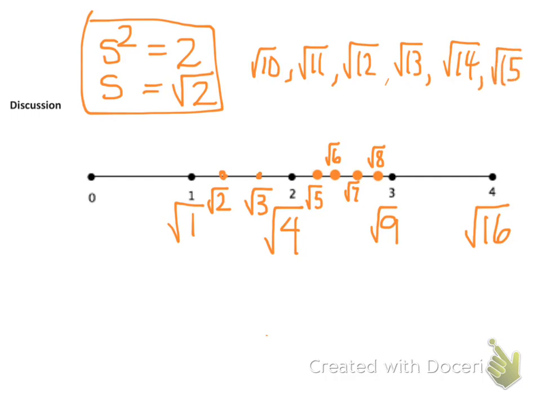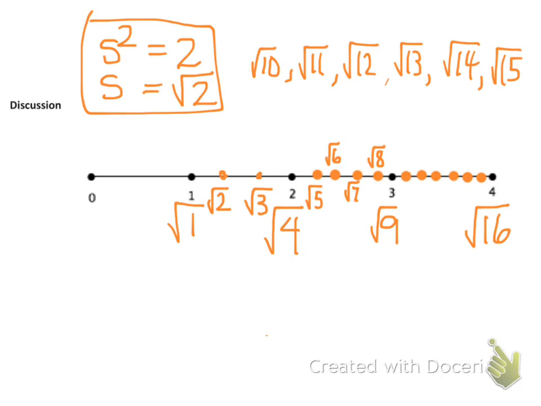Okay, so those are square roots of integers. There's 6 of them, and they're all going to have to go in here. So I'm going to have 1, 2, 3, 4, 5, 6. You can see how this number line is really filling up here.